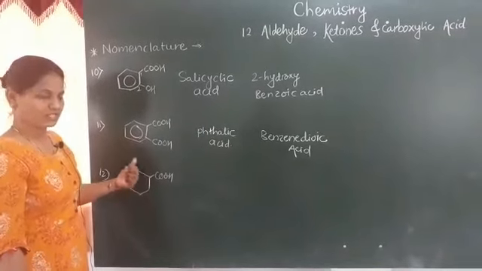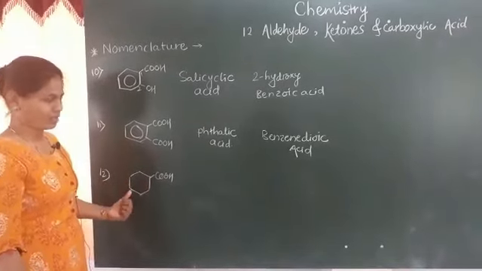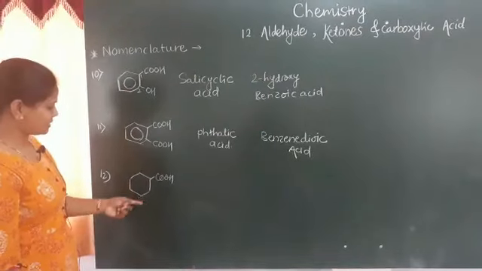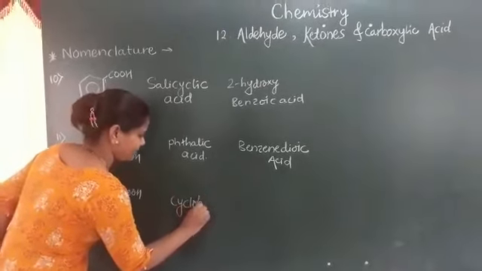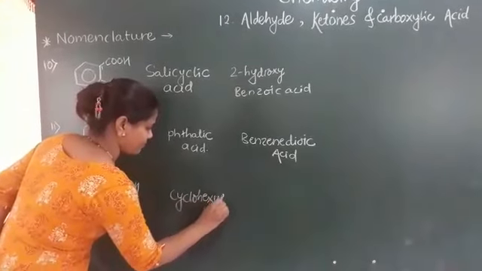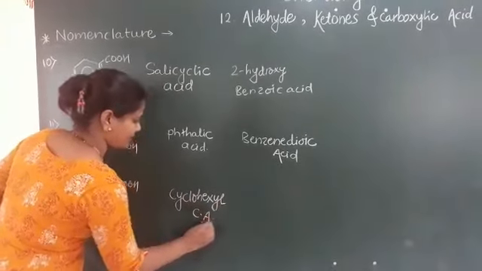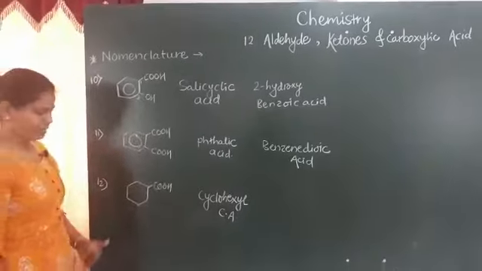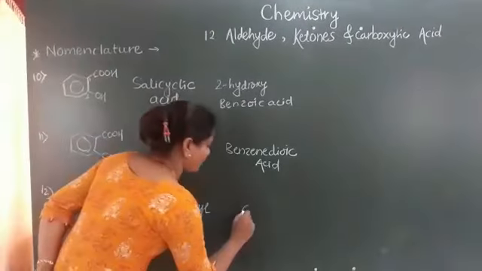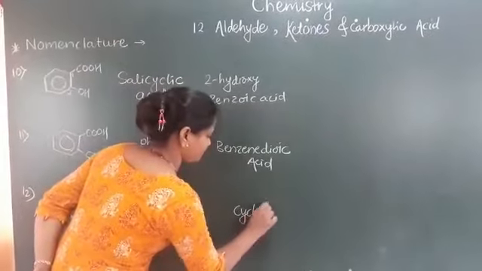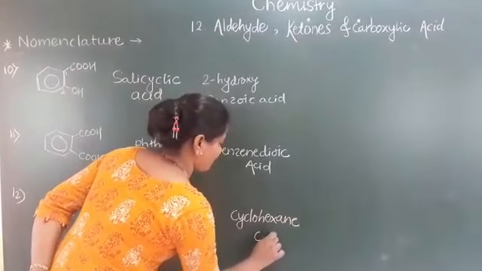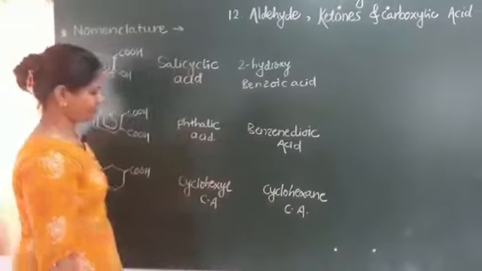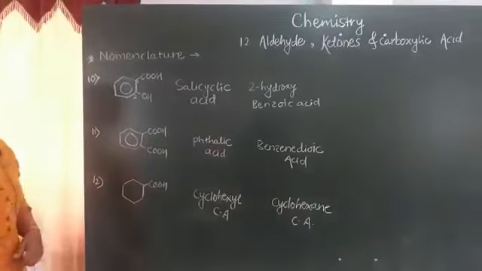So this is an alicyclic hydrocarbon and 6 carbon atoms are there, so it is cyclohexyl carboxylic acid, and the IUPAC name is cyclohexane carboxylic acid. These were the examples of carboxylic acid.